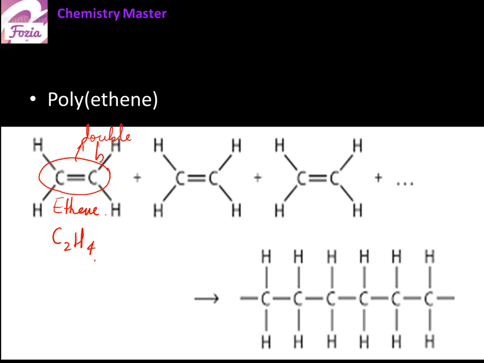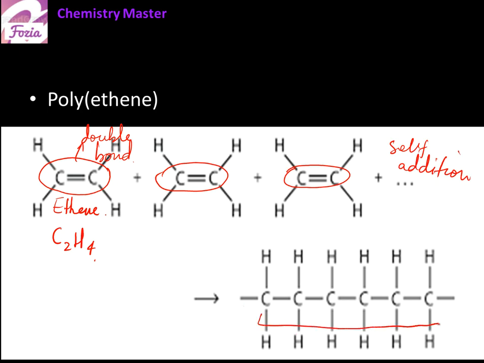So this double bond is the requirement for the formation of addition polymerization, and you see all molecules are similar and they are undergoing self-addition. The product is formed, which is a long chain in which the units of ethene are repeating themselves.